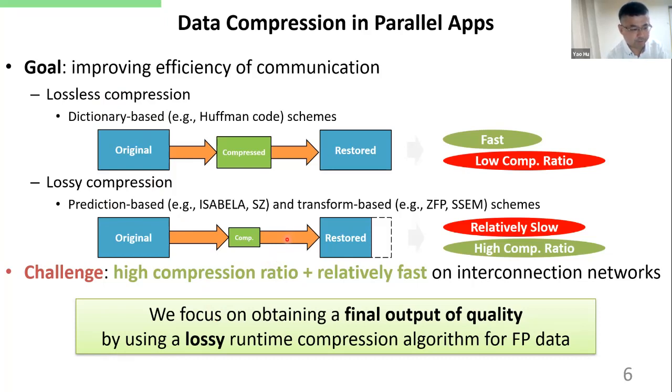Our challenge is to realize both a high compression ratio and fast operation, because interconnection networks are latency sensitive. So we focus on obtaining a final output of quality by using a lossy runtime compression algorithm for floating point data.